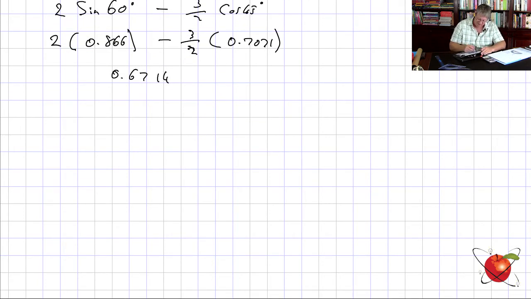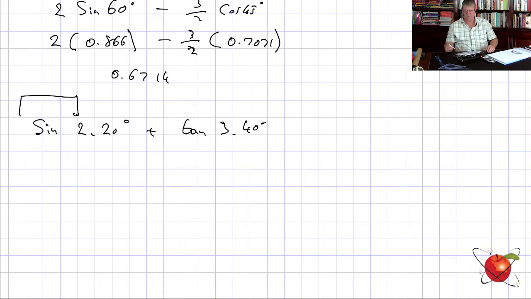What if we've got this then? Sine of 2 times 20 degrees plus tan of 3 times 40 degrees. Can you see the 2 is now on the inside? That means that it's 2 times 20.